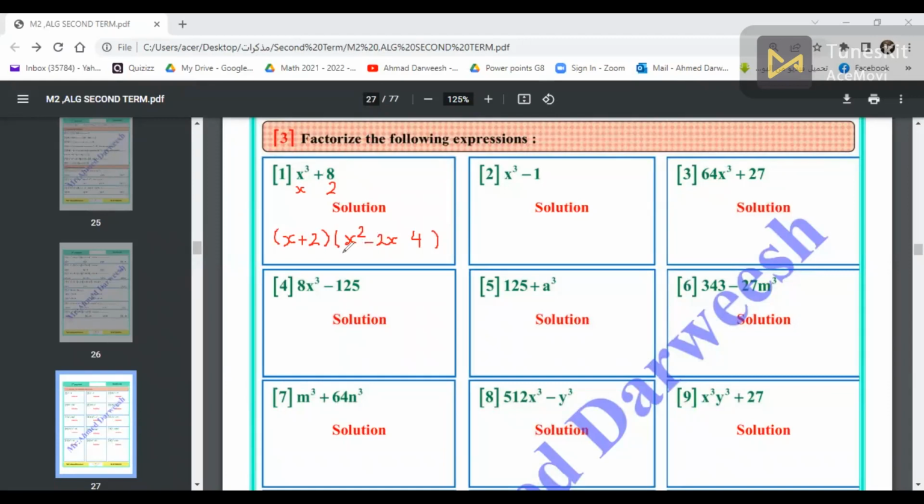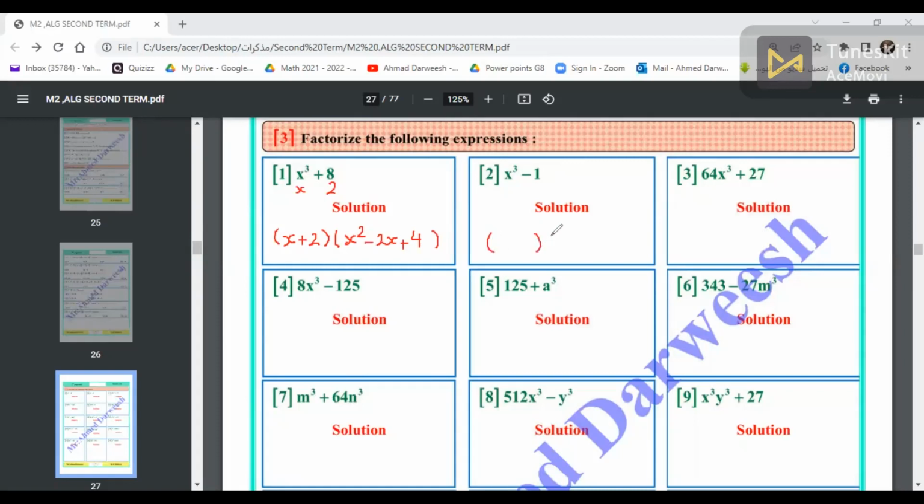If that was negative, we write negative here and positive here. And this last one should always be positive. It doesn't matter whether the first sign is positive or negative; the point is this is always positive.